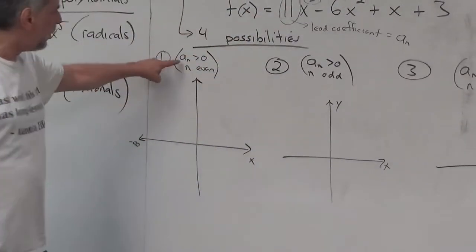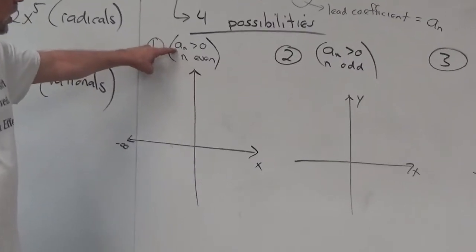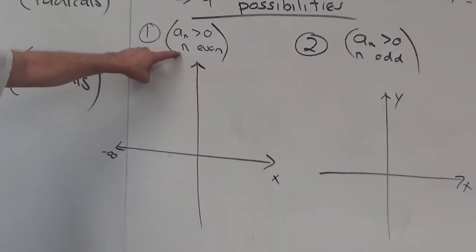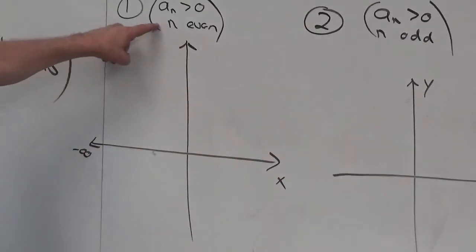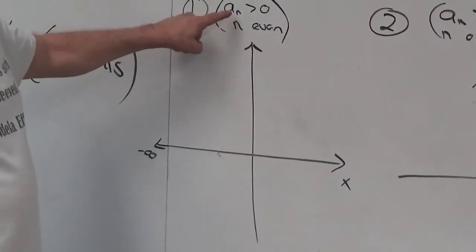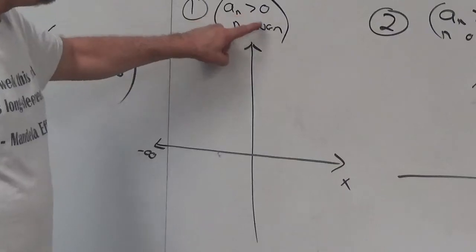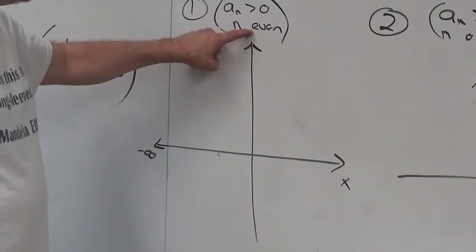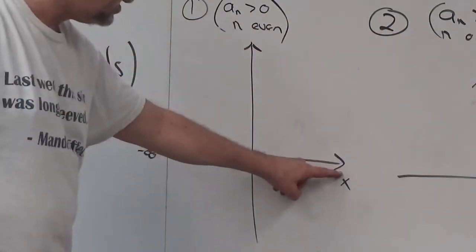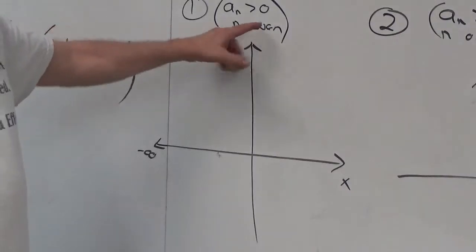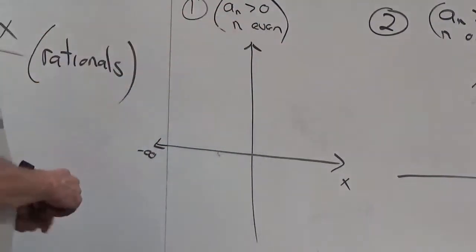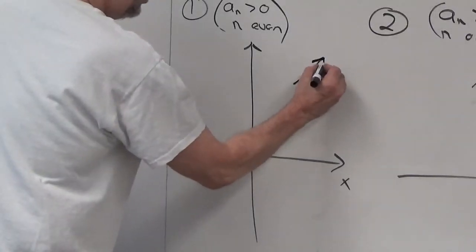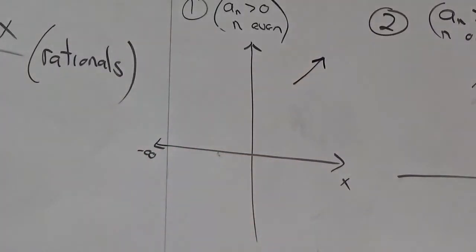Here we've got a positive lead coefficient and an even exponent. So if we put x equals 1,000,000 into a polynomial that has a positive lead coefficient and an even exponent, 1,000,000 raised to an even exponent is still going to be a very large positive number, times a positive number. So it's going to go up in that direction.